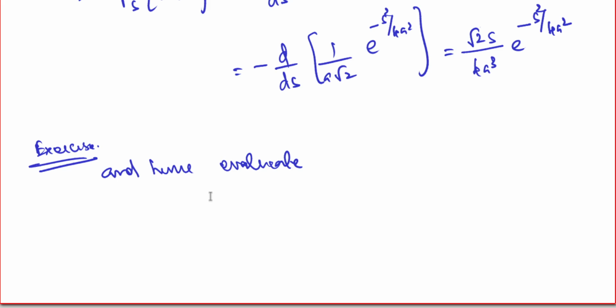Write the problem: and hence evaluate the Fourier sine transform of x into e to the power minus x square. You're just substituting a equal to some appropriate value. That's all. All right, guys.